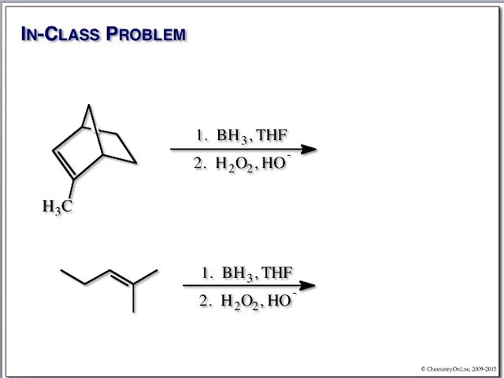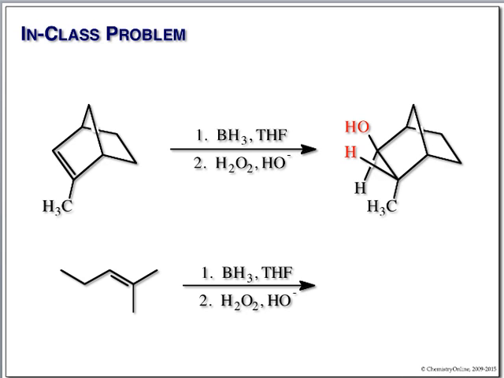So draw your bicyclic structure. Because we have a one carbon bridge up top and a two carbon bridge on the bottom, addition is going to be from the top here, because this is smaller than this. And the product is going to look like this. Hydroxyl group on the secondary carbon, hydrogen on the tertiary carbon, and they're on the same side. Go ahead, say your magic words, draw your product.